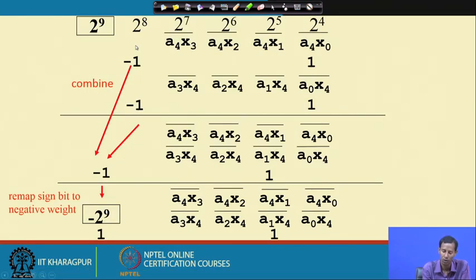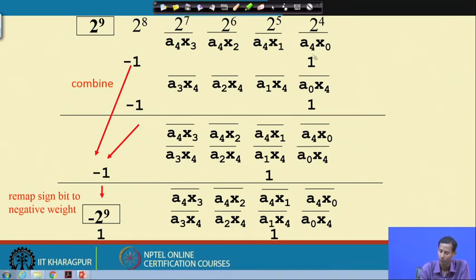Okay. So, now what is happening? This position was a4 x0 bar 1, a4 x1 1, and at this particular position there was minus 1, minus 1. Now, I have to combine this 1 and 1, that means plus 2.